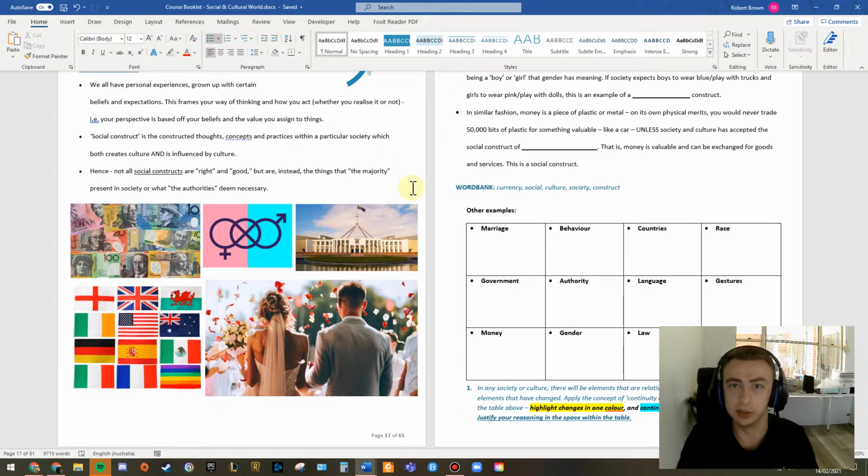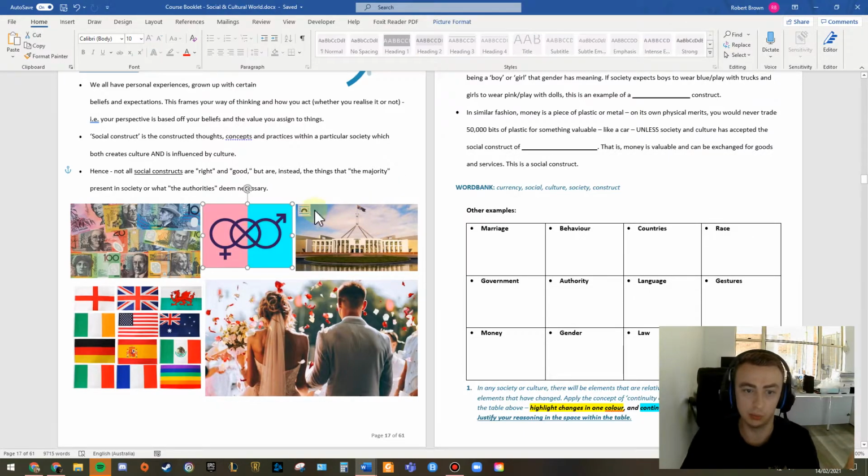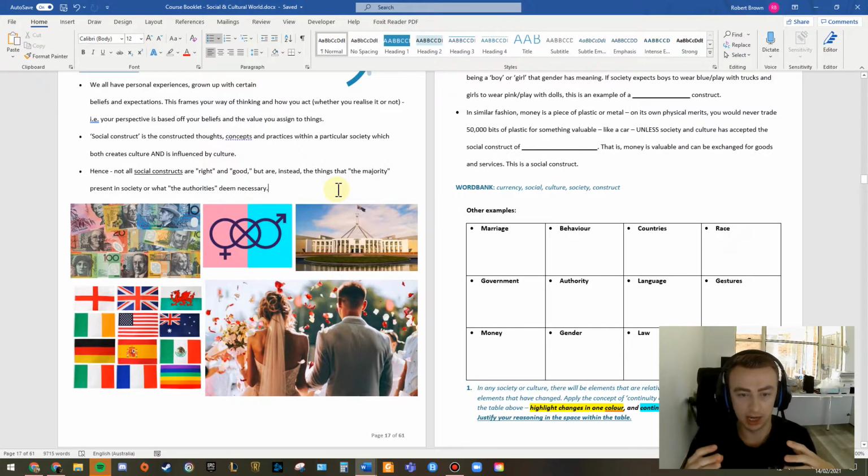But it doesn't necessarily mean it's true. And so they're constructs. If you go to another culture, in Western culture we've pretty much deconstructed the idea of gender, but in other cultures they're still very much traditional and bound by what we would call traditional gender stereotypes, where the woman is staying at home and the man is going out to work. But that's just their social construction of gender.